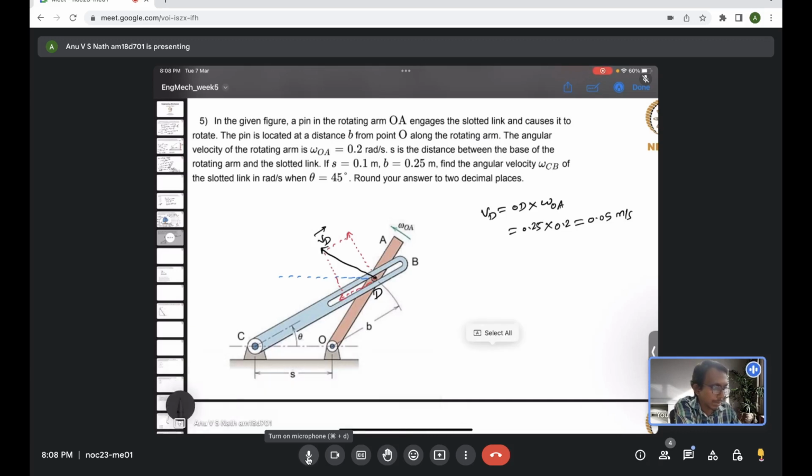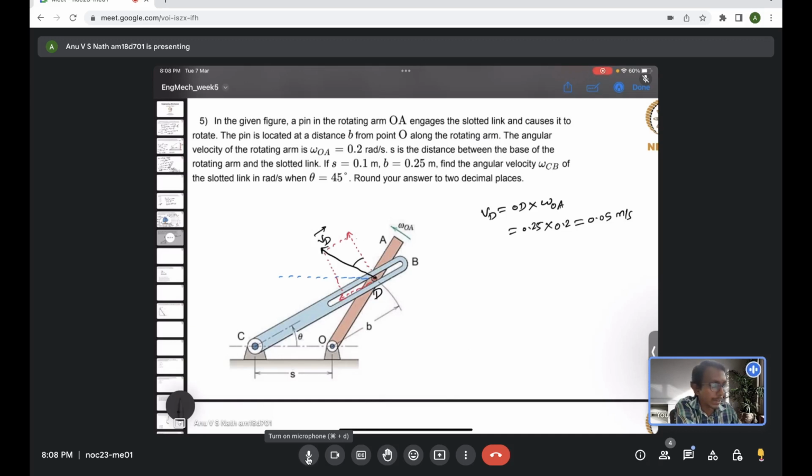So we just need to evaluate this. VD is known, we just need to resolve it. For that we need this angle, so that we can take the cosine of that angle times the magnitude of VD to get the VD along the tangential direction, that is this component.